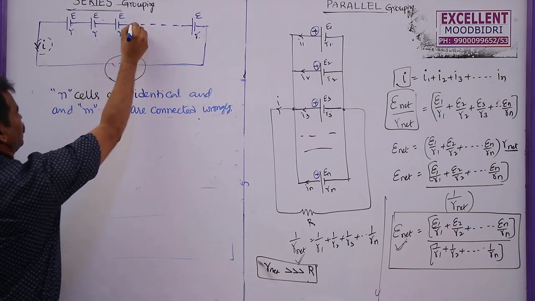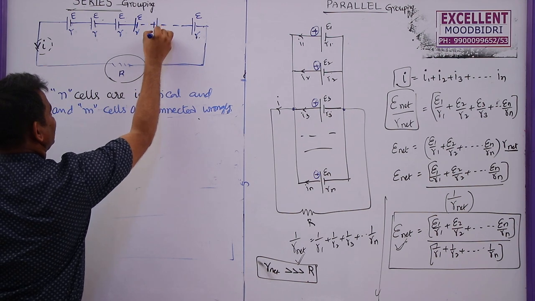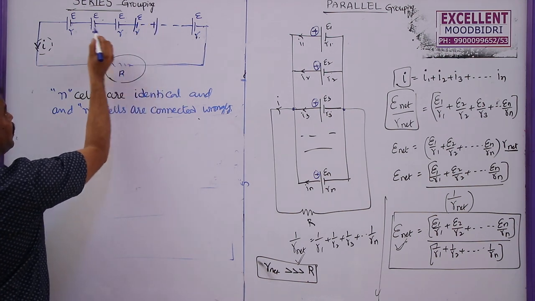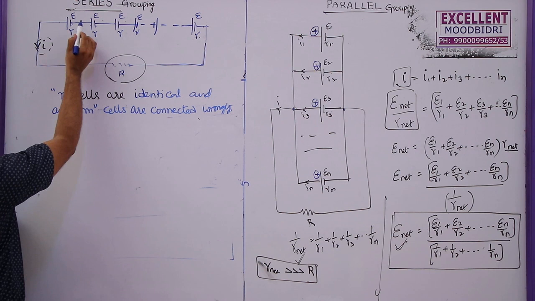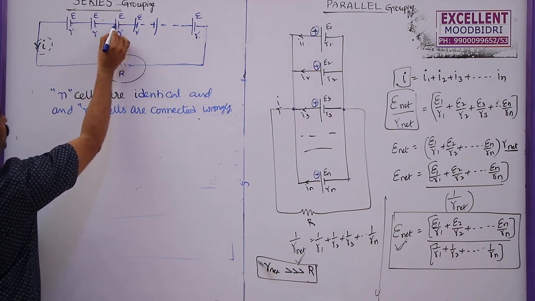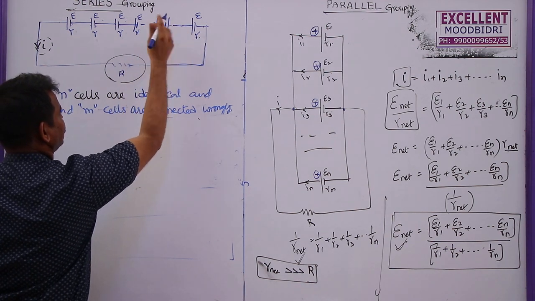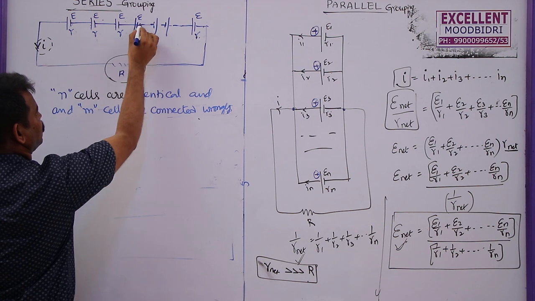But here what happened, in this combination, some cells are connected wrongly. Wrongly means here negative terminal connected to positive, negative terminal of the second one connected to the positive of the third one, and so on. But some cells are connected in the combination like this. So negative connected to negative directly.